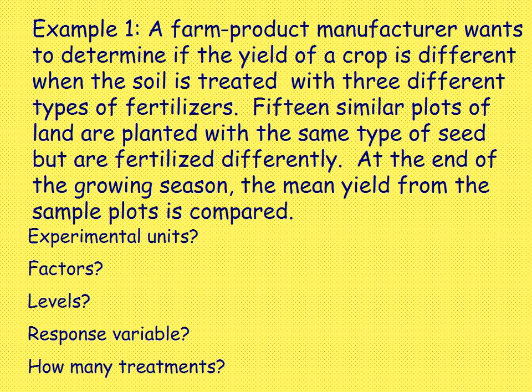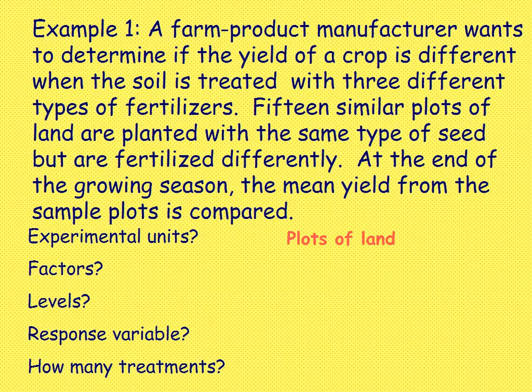So let's look at a few examples here to make sure we can identify the pieces that we're looking at. So we've got a farm product manufacturer who wants to determine if the yield of a crop is different when the soil is treated with 3 different types of fertilizers. So what's the experimental unit? What's being tested on? The plots of land.